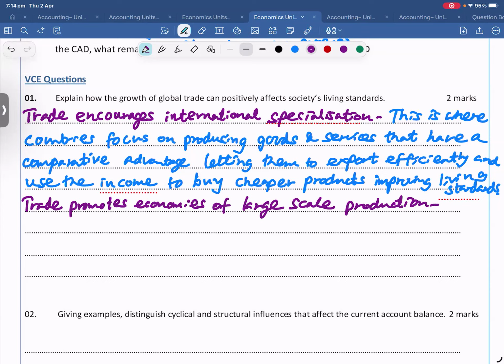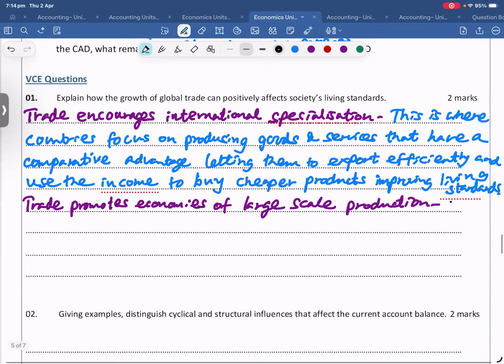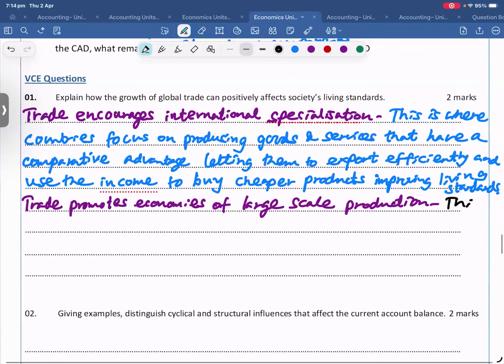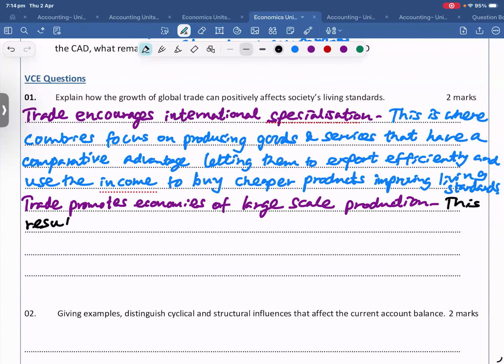This results in firms reducing their average cost of production.